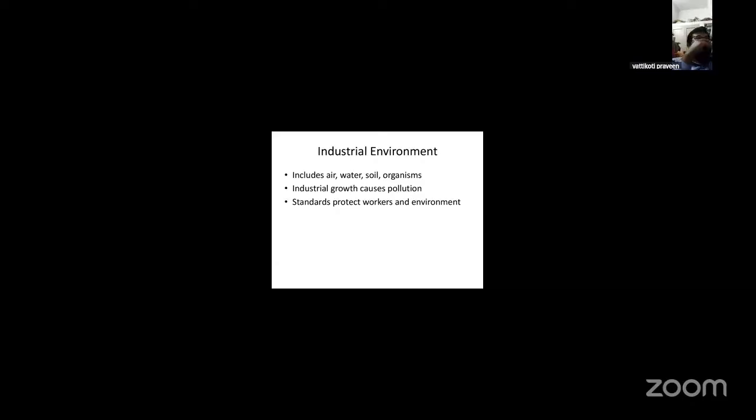What are the consequences of these? Environmental degradation, loss of biodiversity, occupational and community health problems. What are the standards that protect workers and the environment? To reduce the risk, governments and agencies set environmental and occupational safety standards.